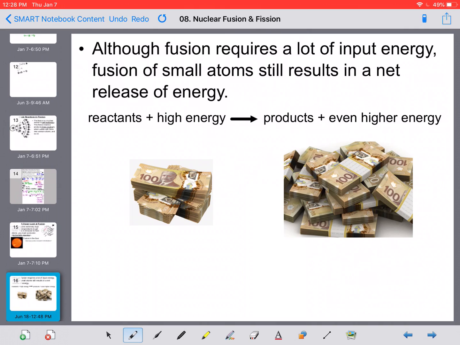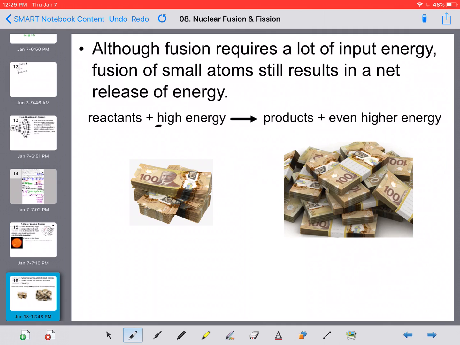Okay, last thing that I have to say, remember that fusion requires a lot of input energy. But remember I said earlier in the notes that fusion releases energy overall. That's because, if you have a fusion reaction, this is how it will look if you include energy as part of the reaction. You have your reactants.